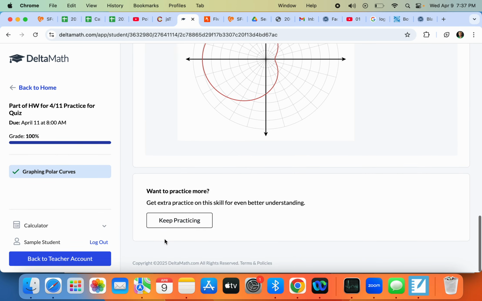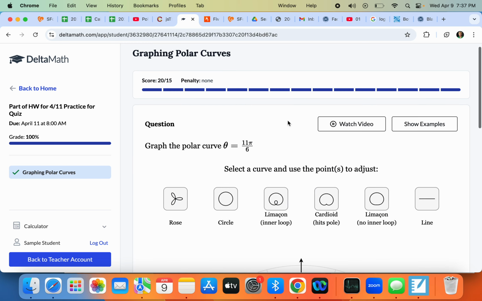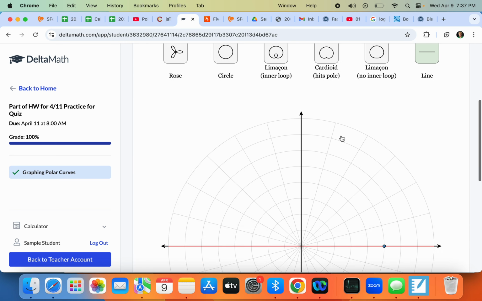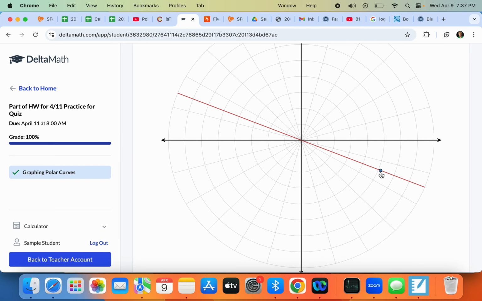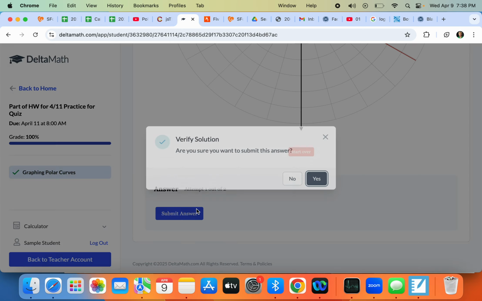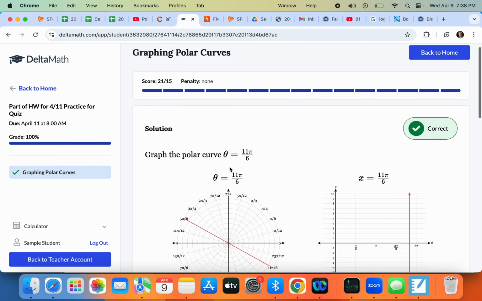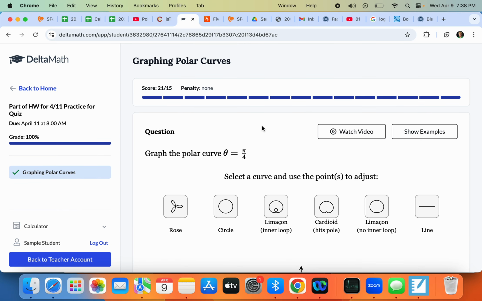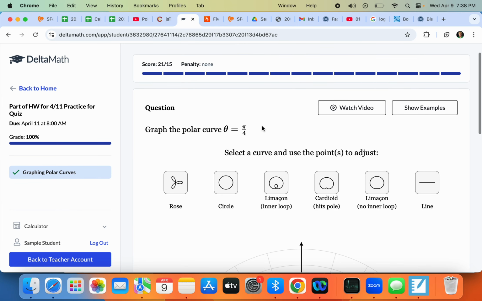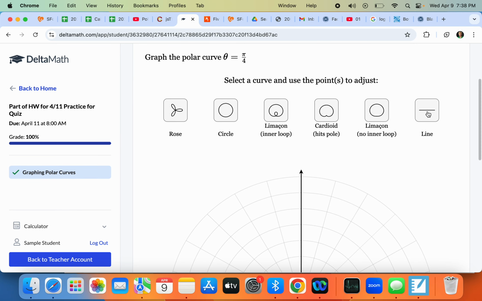Let's see what else we have. That's a line. 11 pi over 6. That's a line. Pi over 4.